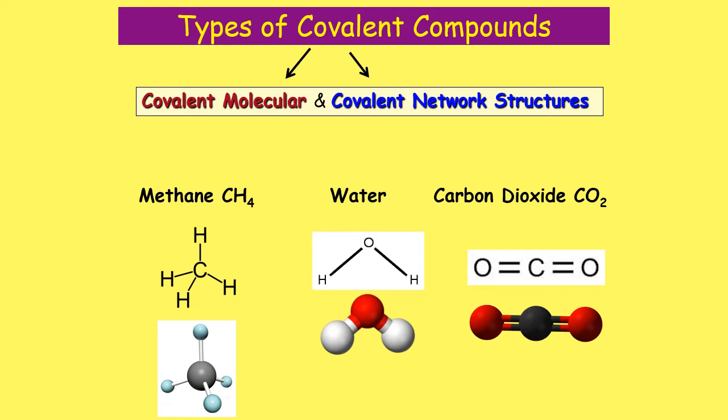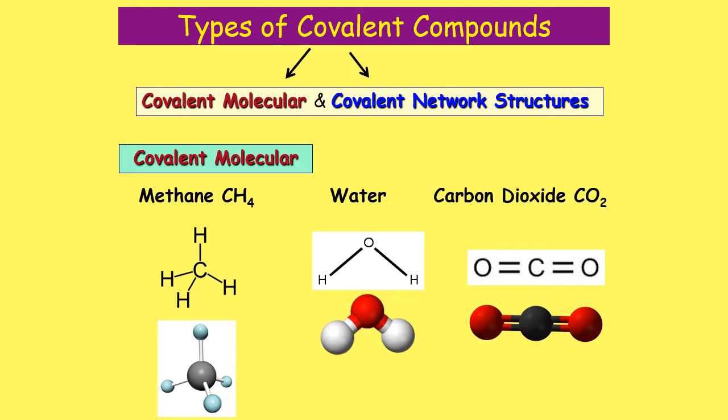So methane, which has a tetrahedral structure, water, which has an angular structure, and carbon dioxide, which has a linear structure. They are all molecules, and so they come under the category of covalent molecular. However, there are other types of chemicals or compounds that exist which have a covalent network structure instead.